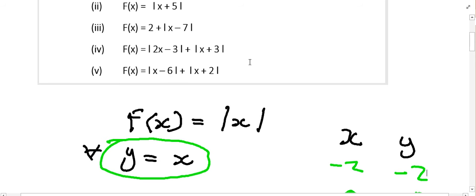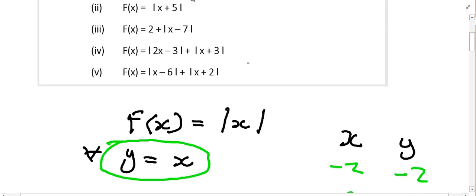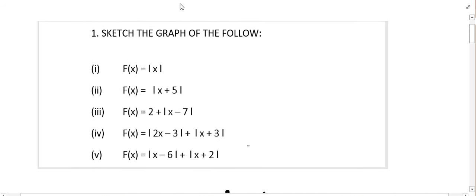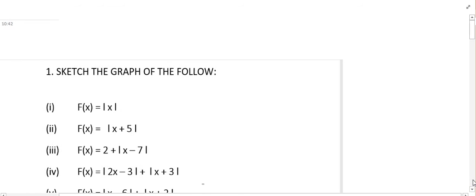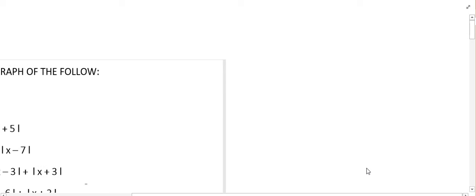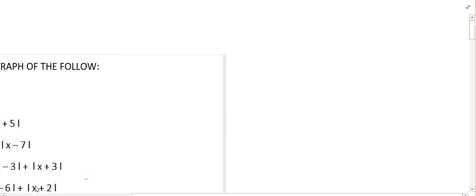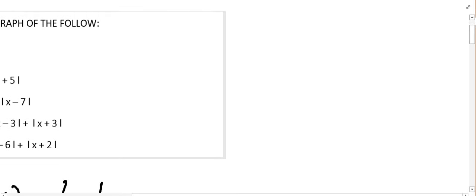That means this one I'll give as your assignment. So please make sure that you solve whatever I have given you. I'm going to solve the other one, and then leave this one for you.